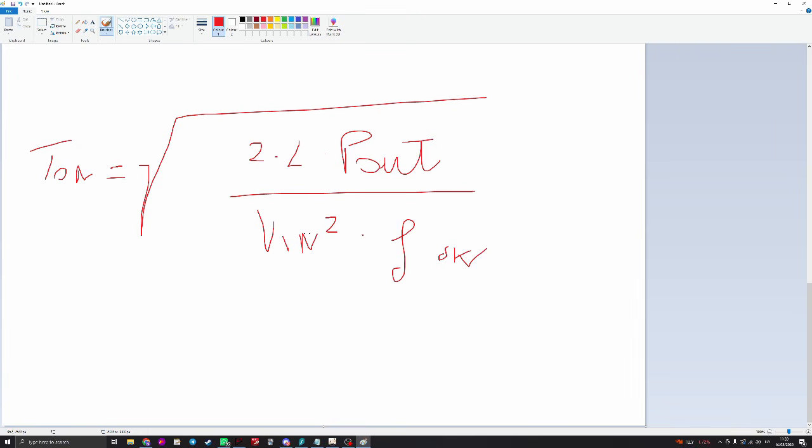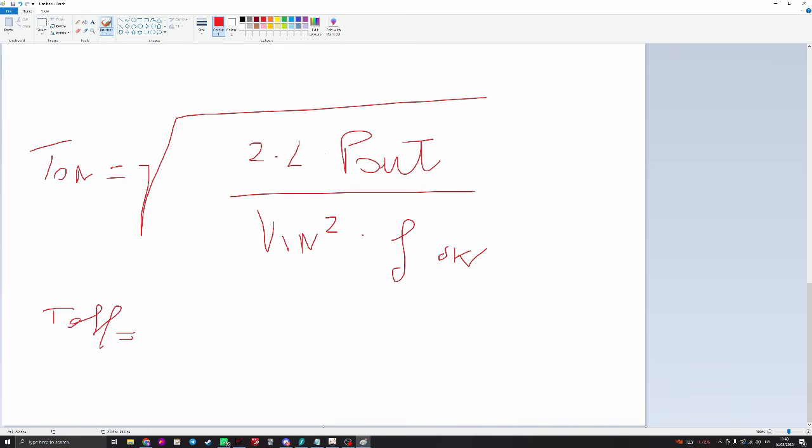Now, from the T on, you can also calculate other formulas like the T off for the verification of the DCM condition, and the T off in DCM is basically similar to the CCM duty cycle.